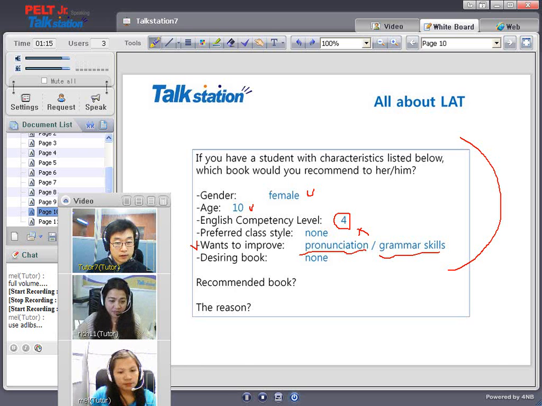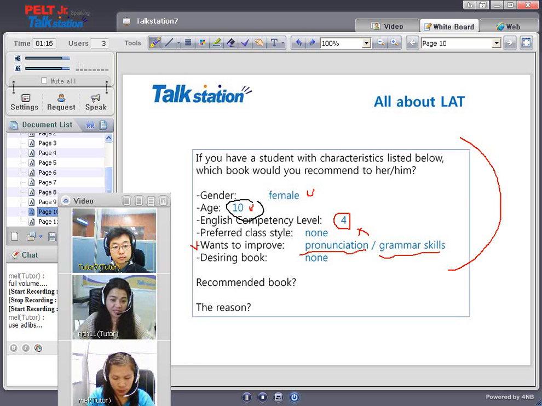I can recommend Grammar Time 1 or 2. I would also consider the age, not the English proficiency, because I haven't met the student yet.